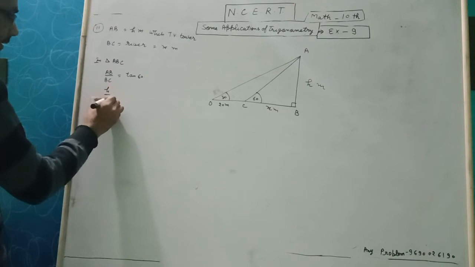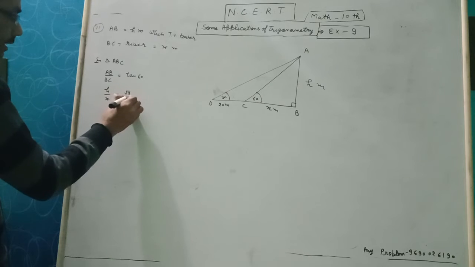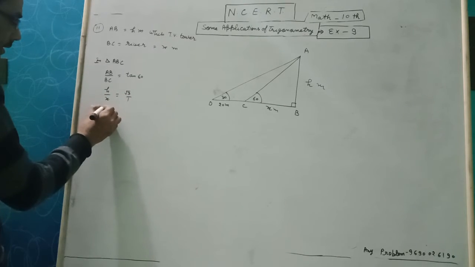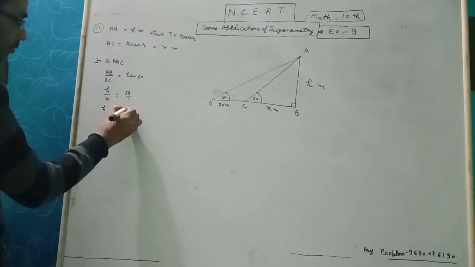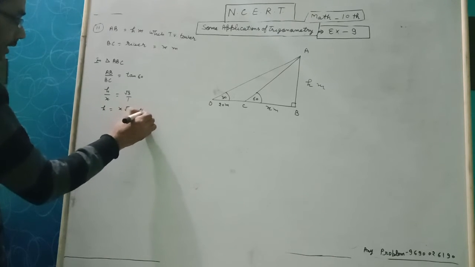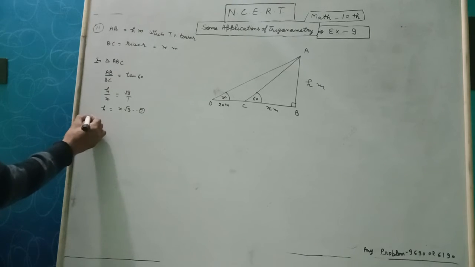H upon X, tan 60 value is under root 3 upon 1. After cross multiply, H is equal to X under root 3. That is first equation.